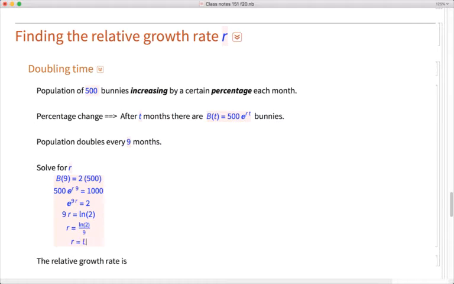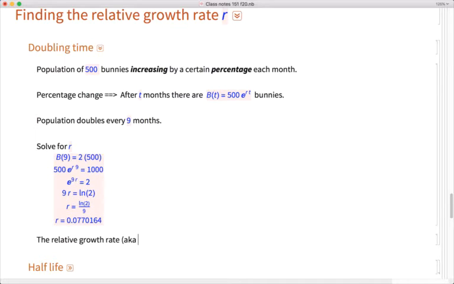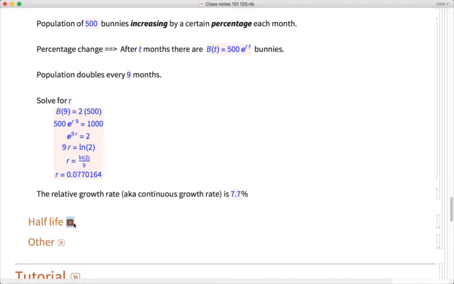As a decimal, roughly 7.7%. So that's the continuous growth rate. I'm calling it the relative growth rate, aka continuous growth rate, which I can write as a percent, 7.7%. So that was one way.